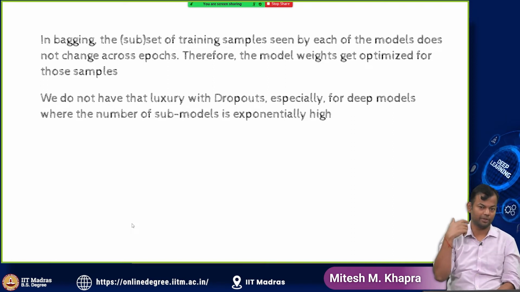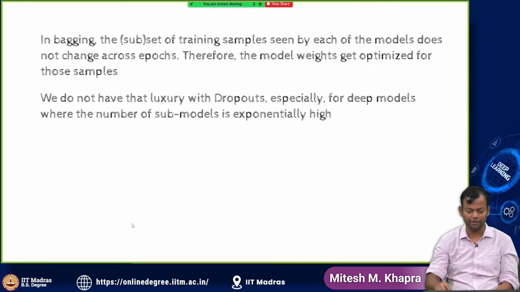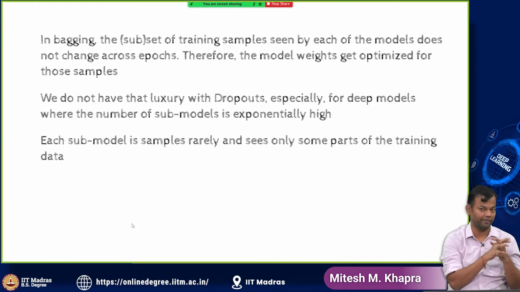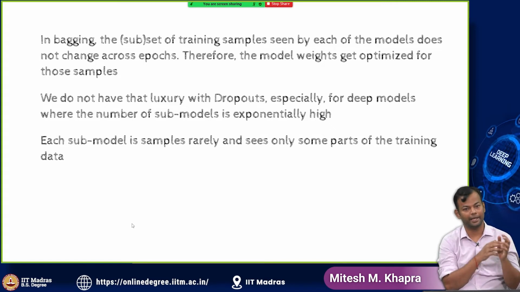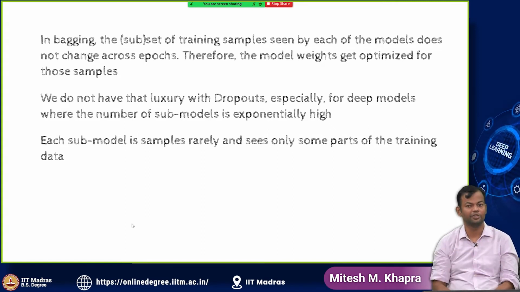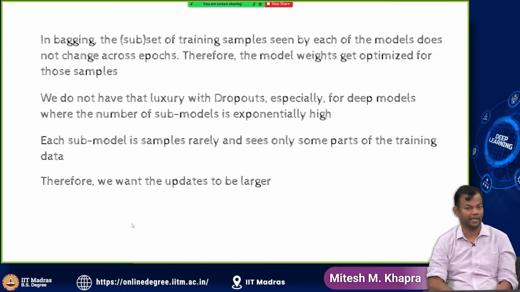I mean, forget about seeing it twice, it may not even see it once, right? So this kind of phenomenon which happens in model averaging or in bagging, where each different model gets a chance to overfit on the training data, dropout does not really get that chance, right?